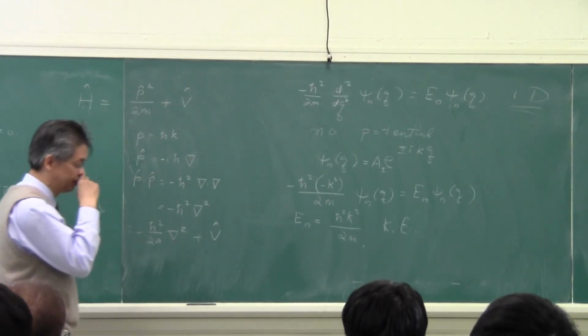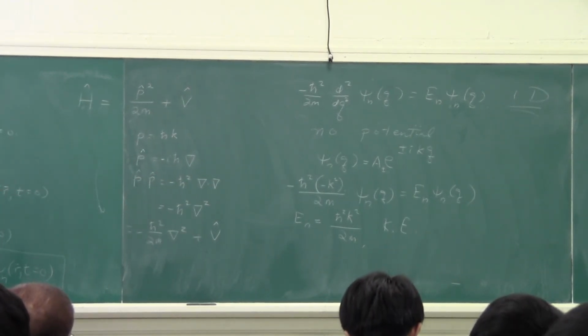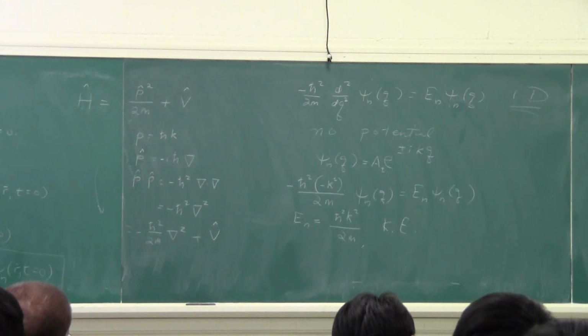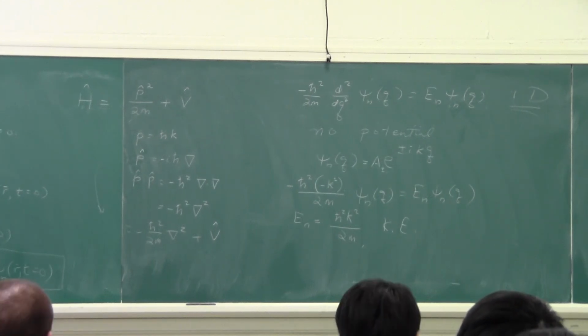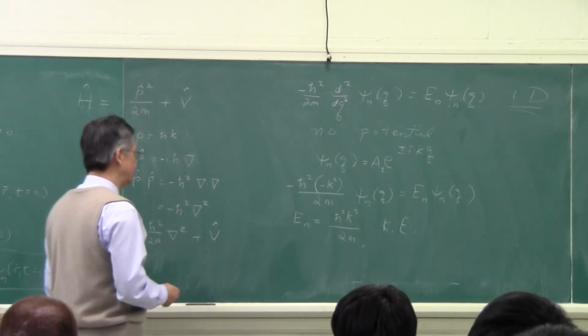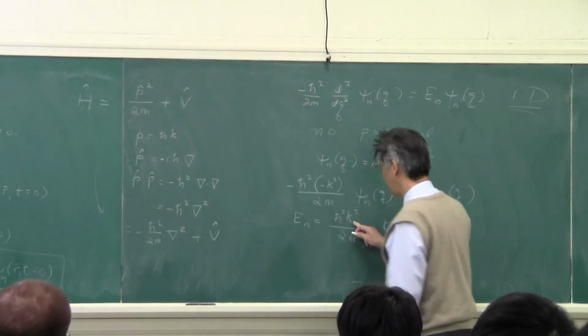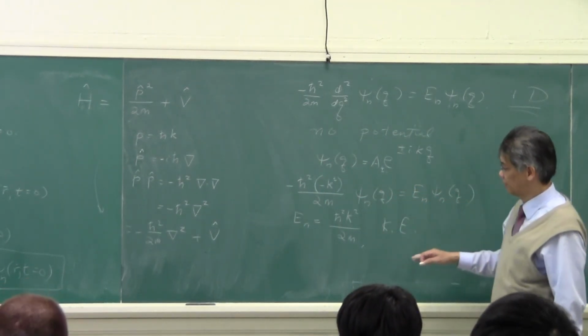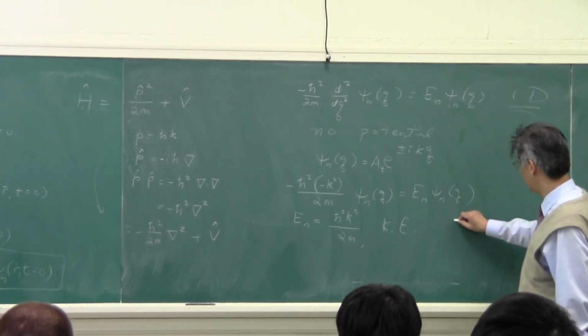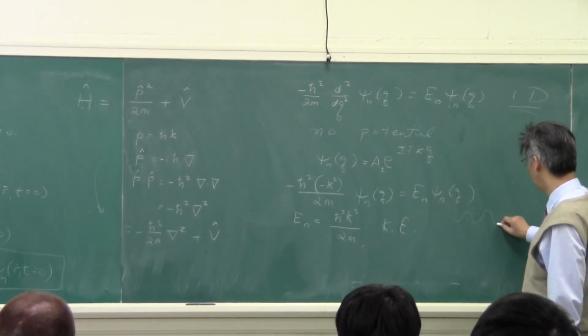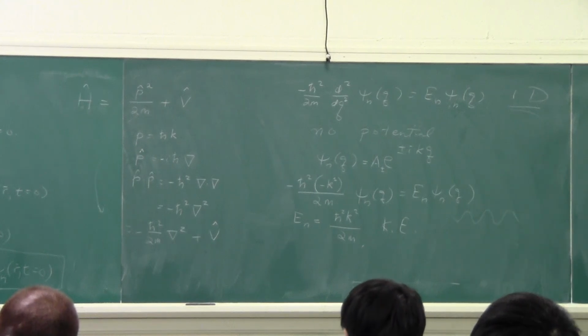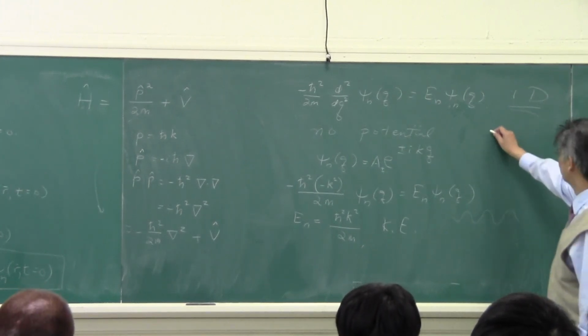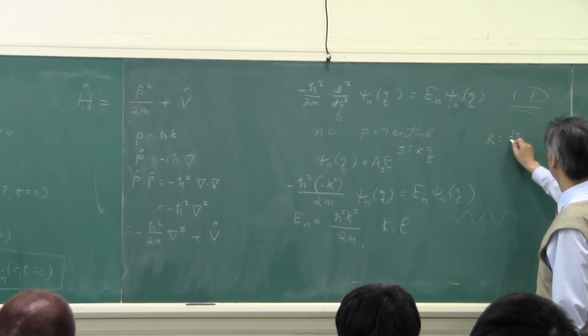Because this particle is free to roam in free space, the energy of the particle is just h bar squared k squared divided by 2m. So physically, you'll find that the larger k is, the higher the kinetic energy. If the particle has very small k, which means that the wavelength is long, k is equal to 2 pi over lambda.